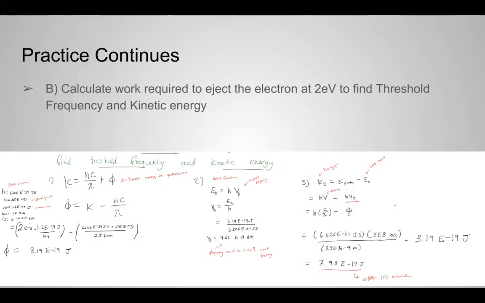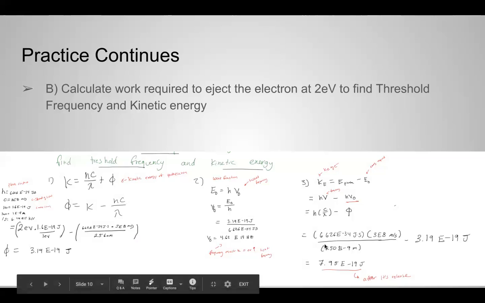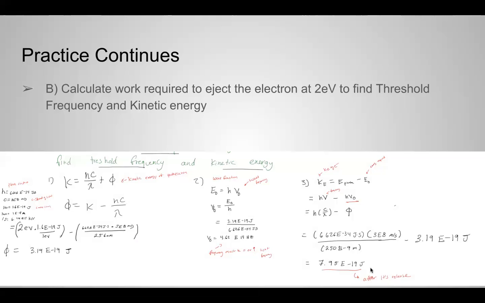From here, now we can solve for kinetic energy. So we know that the photon energy can be given as h nu and can be further reduced into hc over lambda minus the work function. Plug in the numbers that we got from the previous results: 6.62, Planck's constant, speed of light, wavelength, minus work function gives us 7.95 e to the negative 19 joules.